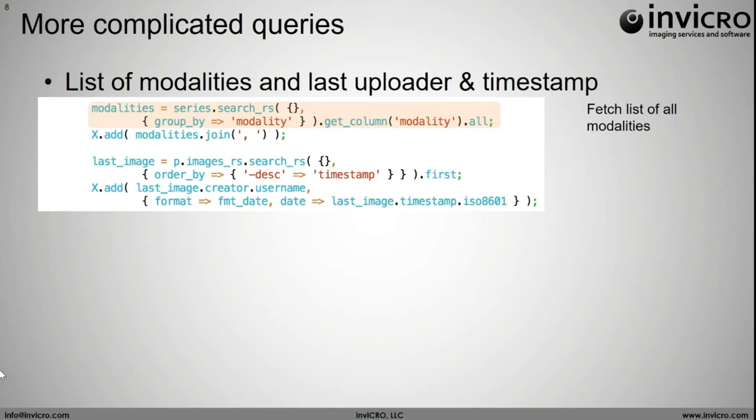I don't know, because of that glare, if you can see this here, but basically I take the series object, because the modality is a property of the series in the DICOM hierarchy, and then search for all elements, and that's in the series we have.